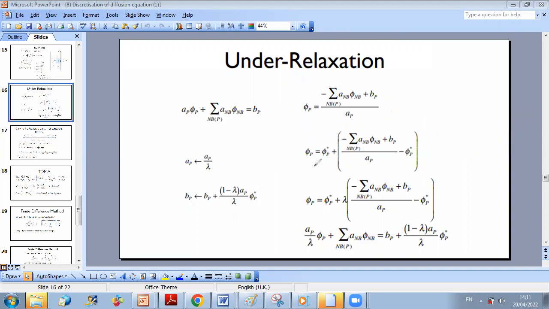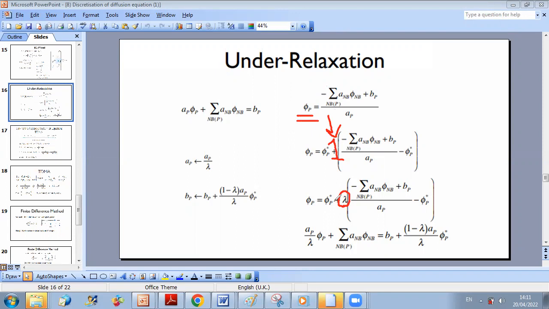So instead of multiplying this term by 1, I should multiply it by a value lambda smaller than 1. If I want to do under relaxation, I use lambda smaller than 1. If I want to do over relaxation, I should use lambda larger than 1. If I take phi p as it is, lambda is 1.